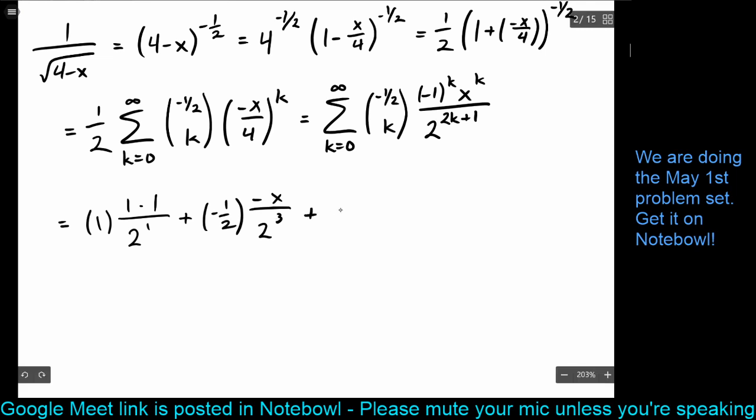And then the next one, so now we're going to take negative 1/2, and we're going to subtract 1 and multiply the next number, which is minus 3/2. And then here we have, let's see, negative 1 squared, so this is 1 times x squared over 2 to the 5.